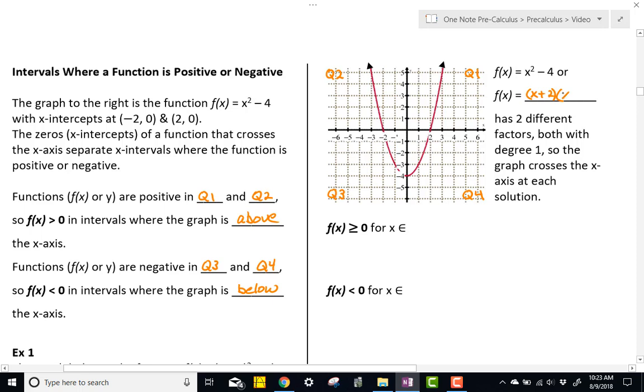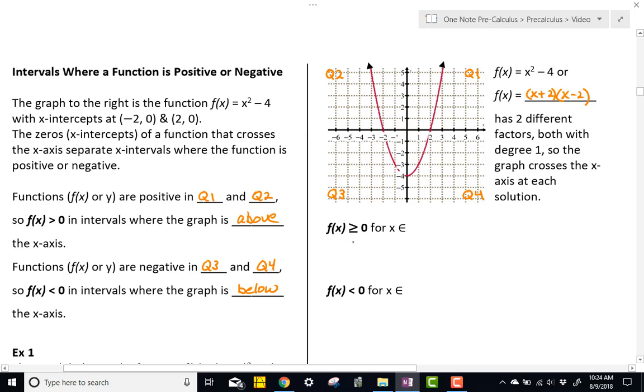Sometimes it's easier to look at it like that. This function has two different factors, both with a degree 1, and so the graph crosses the x-axis at each solution, at +2 and -2.